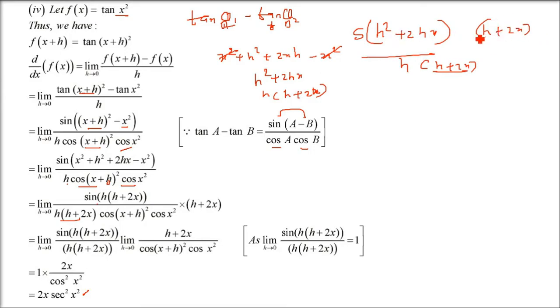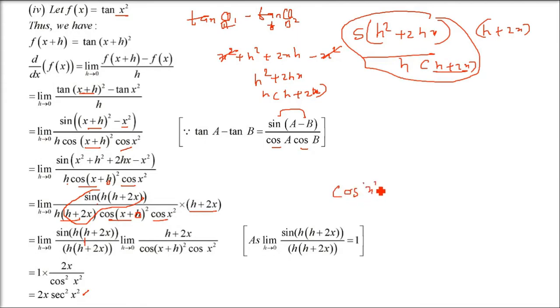So now this is sin theta by theta form. And then we have h plus 2x extra, and we have cos (x plus h) whole square and cos x square. Put h as 0.